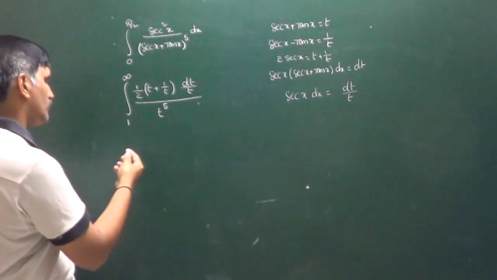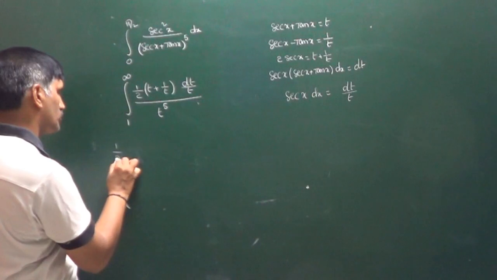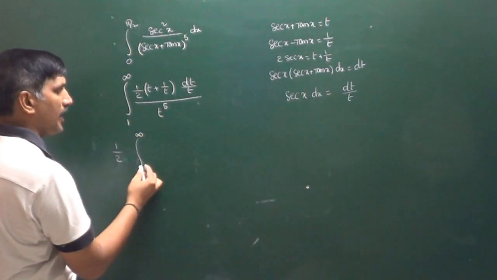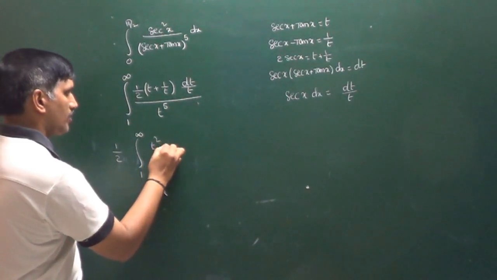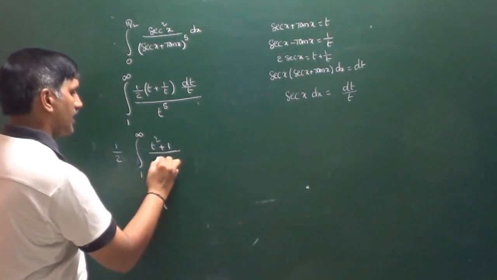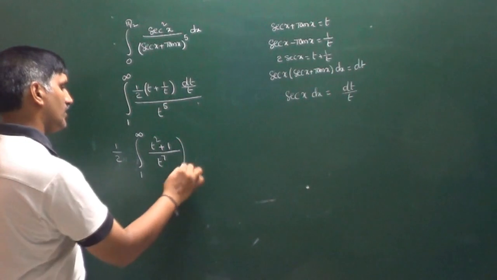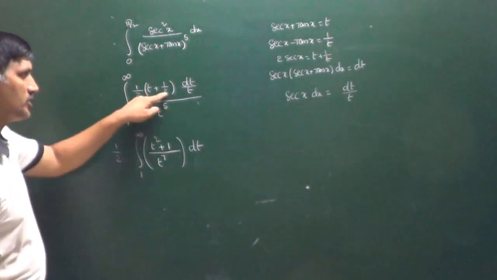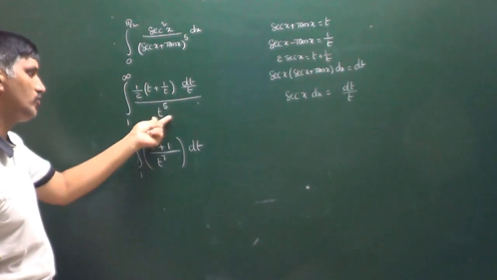Right? Now this further simplification we can do in this way. 1 by 2 into integral 1 to infinity of (t square plus 1) divided by t to the power of 7 dt. That is, (t square plus 1) divided by t square into t power 5.